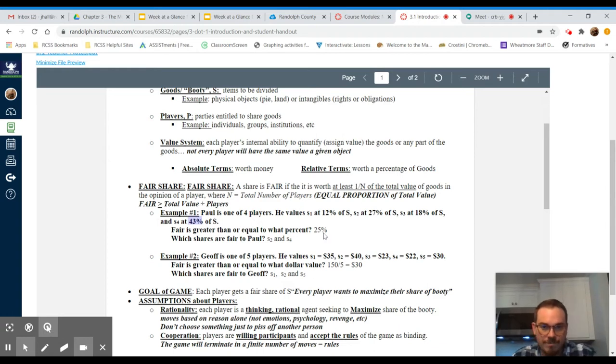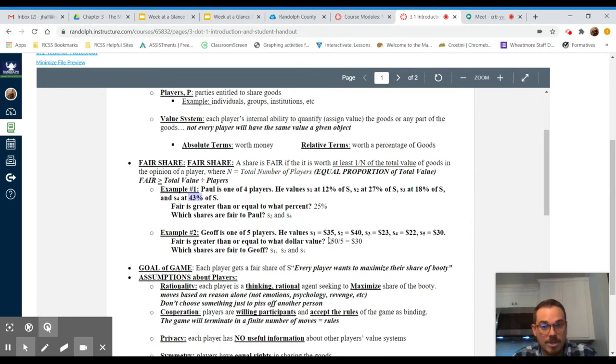So we've got Jeff, one of 5 players. He values S1 at $35, S2 at $40, S3 at $23, S4 at $22, S5 at $30. We know that fair share is going to be greater than or equal to what dollar amount? Add all the dollar amounts together, and then divide by the players.